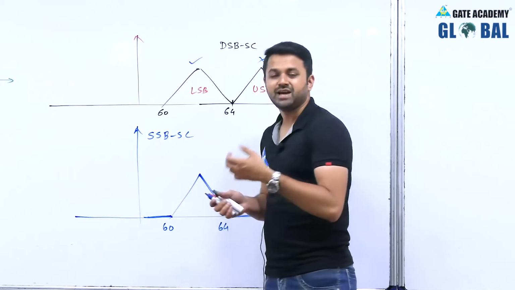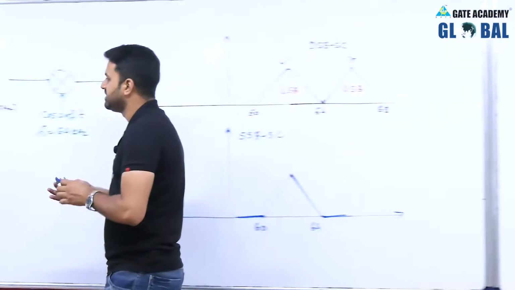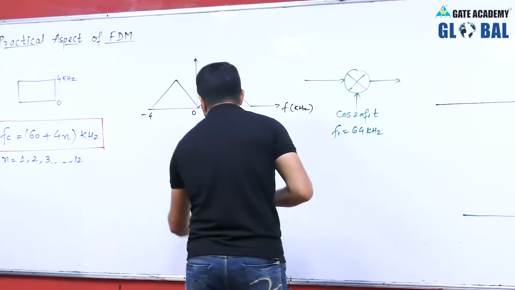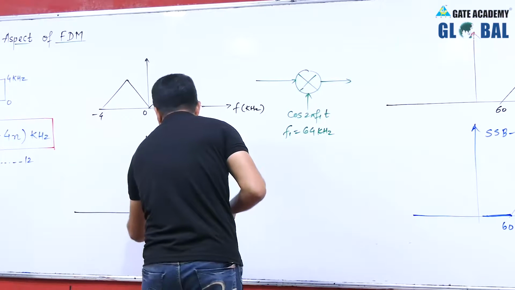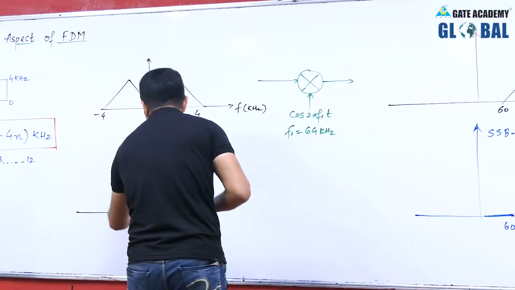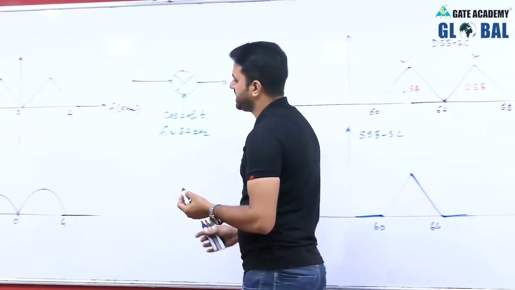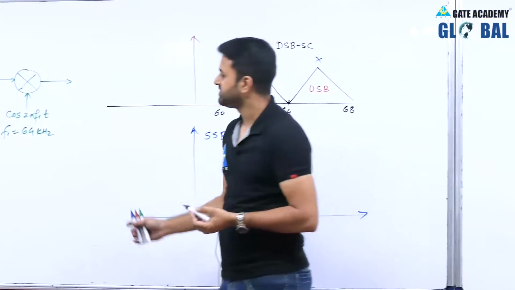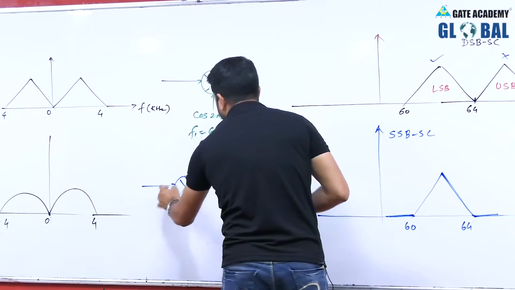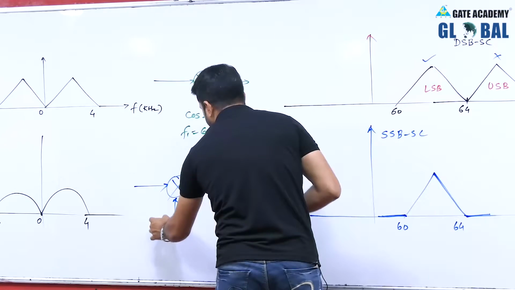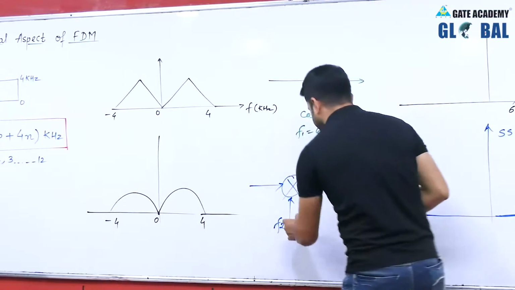Similarly, we have a second user. What will be the range of that second user? Because the range of all the users is the same, this is also -4 to 4, but the shape is different. Now we have another frequency for the second user, n will be 2, so that is 68.